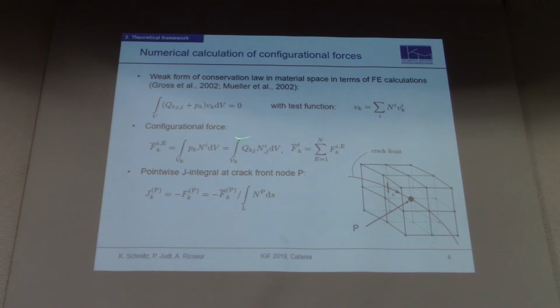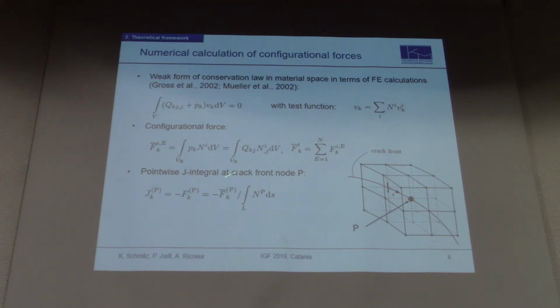From that we can derive the configurational force for each node I and each element E of a finite element mesh. They get assembled to nodal configurational forces by summing up all the contributions of all adjacent elements to a node I of the finite element mesh. From configurational forces, we can then calculate a pointwise J integral when we apply it to cracks in the finite element mesh.